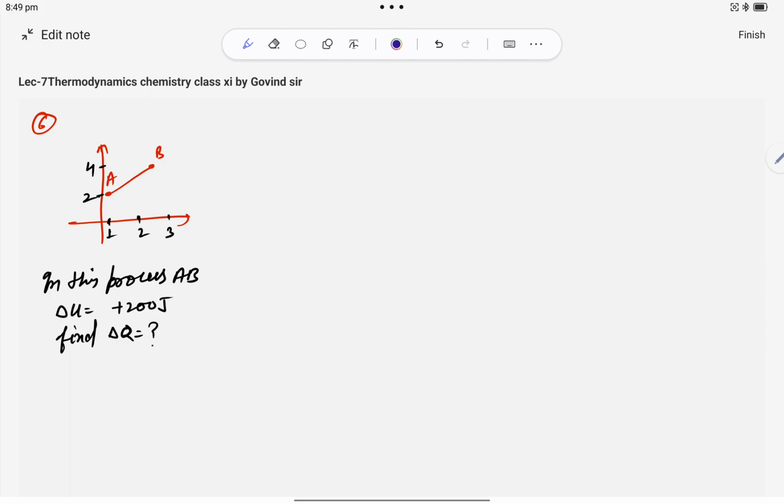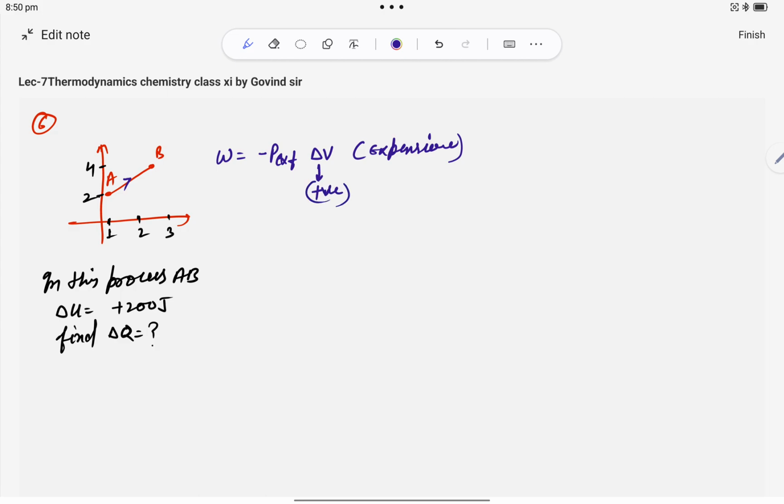What do you know? W is equal to minus P external delta V, since pressure is changing. The gas is expanded, see, A to B, so expansion. In that expansion case delta V will be positive, yes or no?